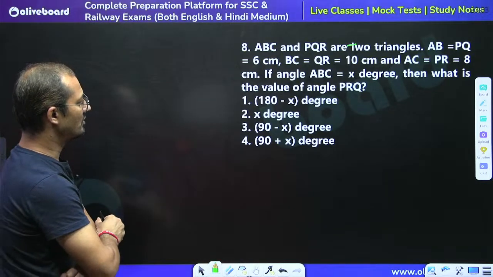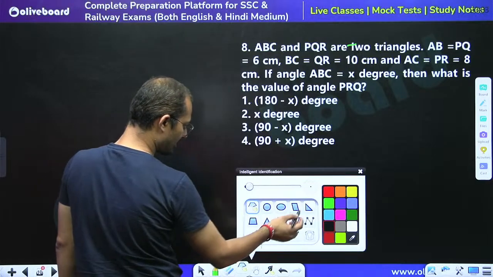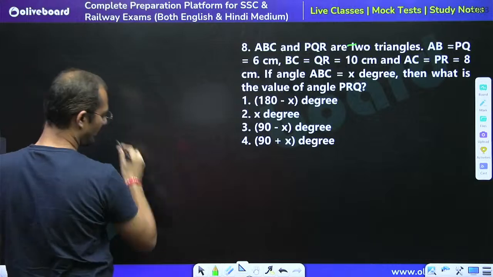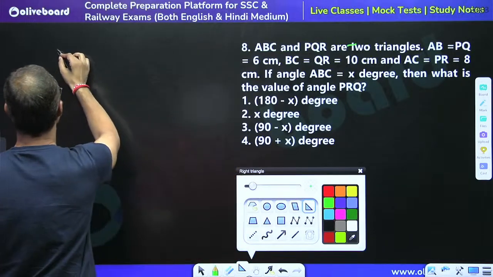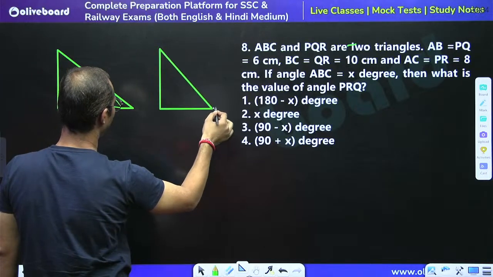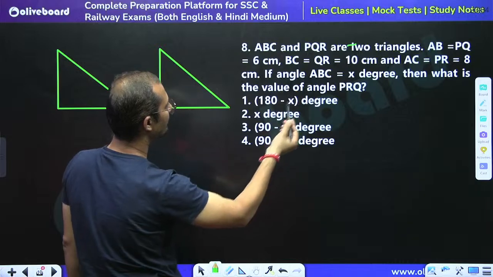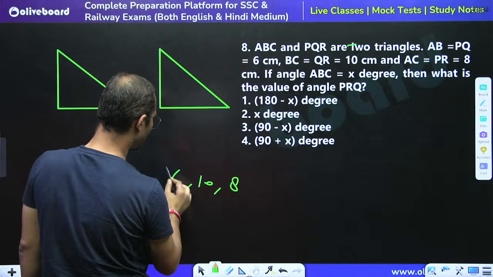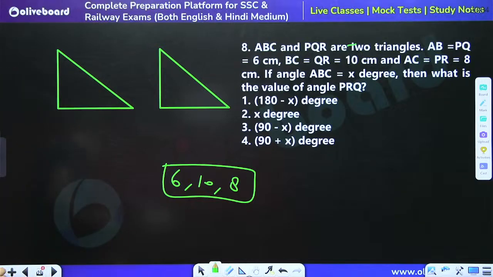See, we are given the sides. Just having a look at the information of the sides, we can say that these sides represent a right angle triangle, because the sides are 6, 10 and 8. So these are forming triplets, right? So this is the triplet.